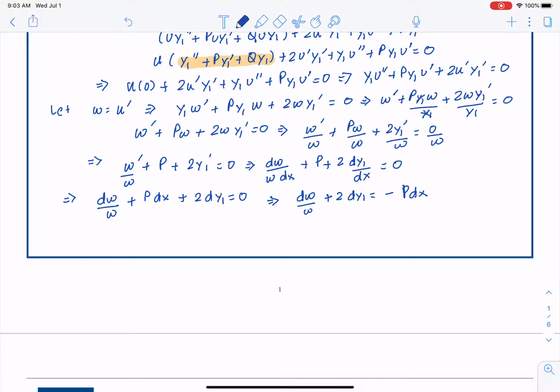I feel like I'm missing y1. Yes, I am. So there is a y1 here, which I missed right there. So I'm going to insert it: y1, y1, y1, y1.